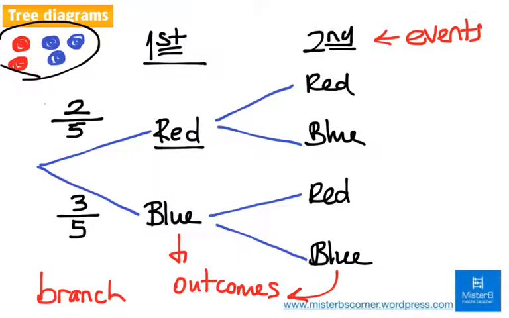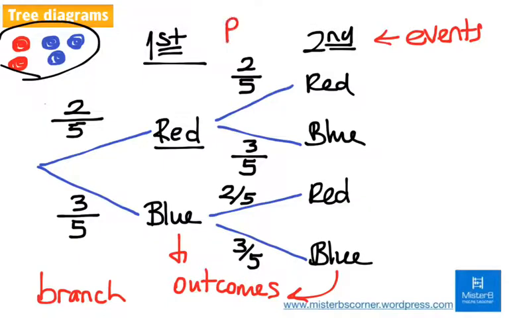So basically, again, picking a red ball will be 2 over 5 because we have 2 red balls out of 5, and we have 3 blue balls out of 5, so it's going to be 3/5. Here, again, it's going to be 2 over 5 for this one and 3 over 5 for the blue one. So these are the probabilities, right?